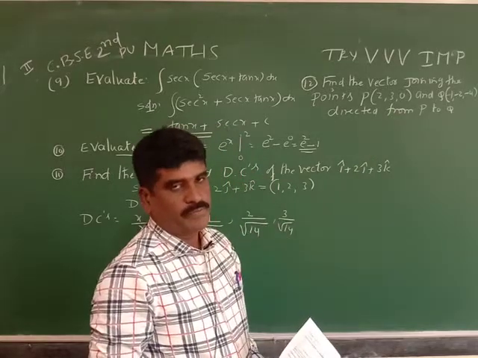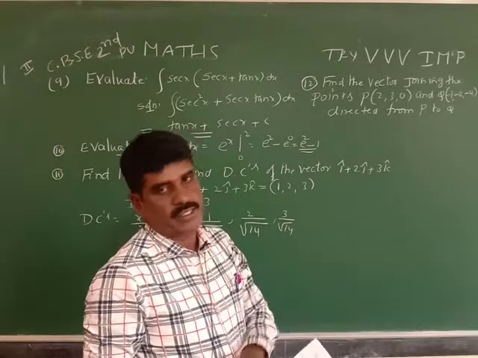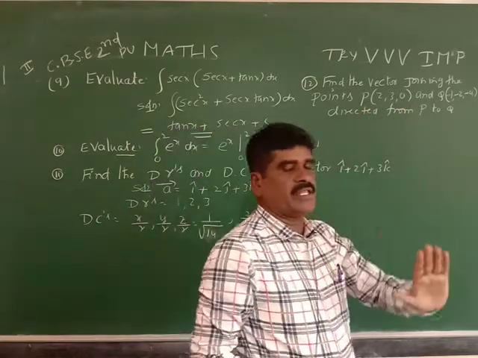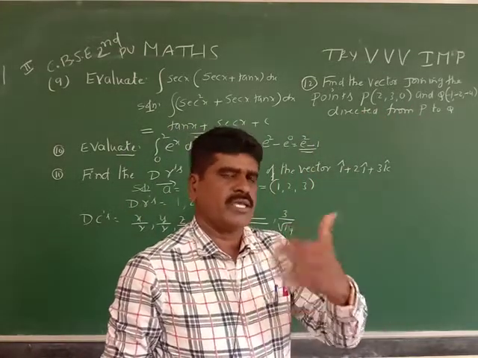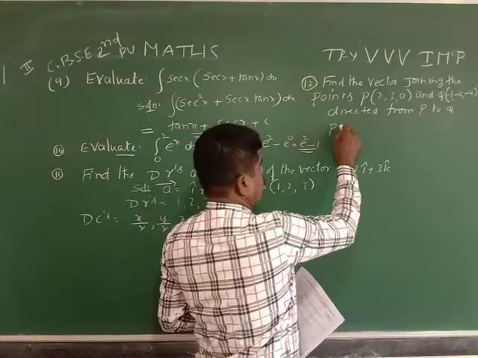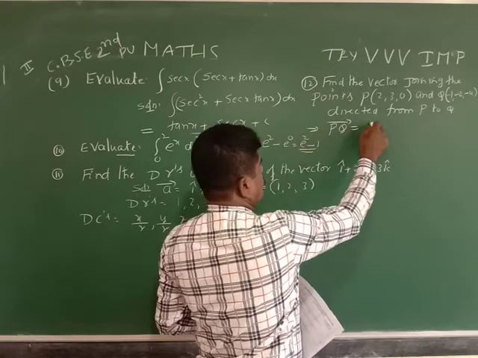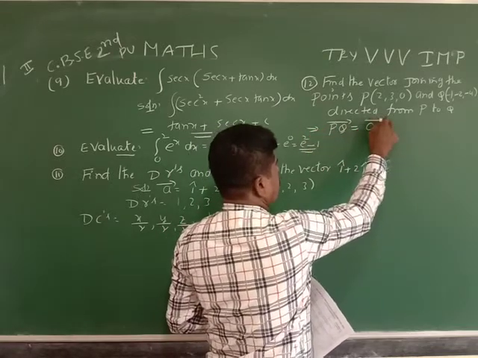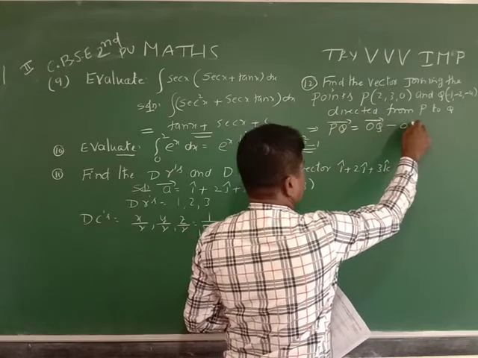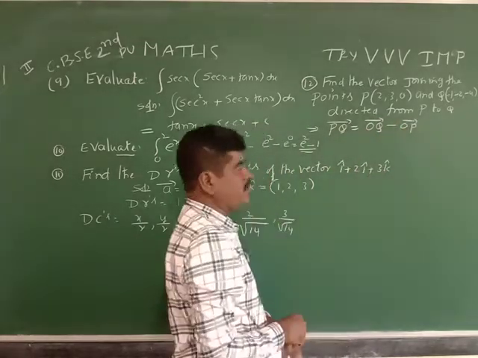Naming the points PQ is not mandatory; if PQ is mentioned it is fine, otherwise you take your own points. Now, how to find the vector PQ? Vector PQ is always the position vector of the point Q minus the position vector of the point P. PQ is equal to OQ minus OP.